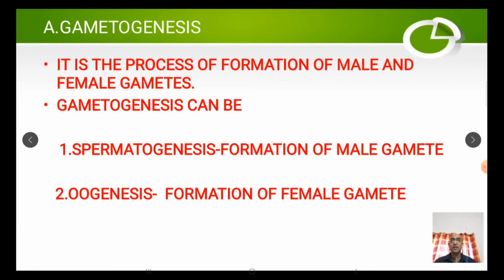One is spermatogenesis, that is formation of male gamete, and another one is oogenesis, that is formation of female gamete. Got it? So the male gamete formation process is known as spermatogenesis, and the female gamete formation process is known as oogenesis.